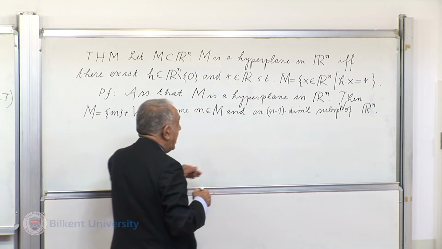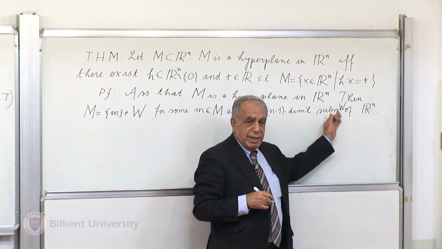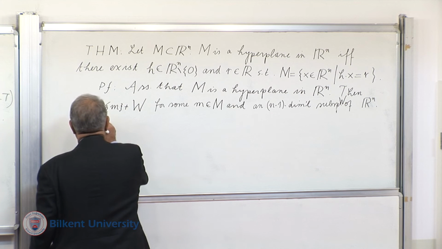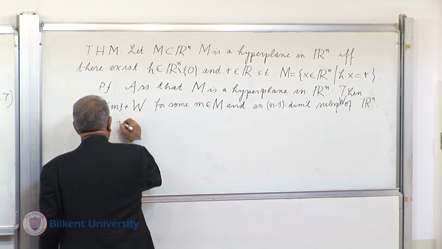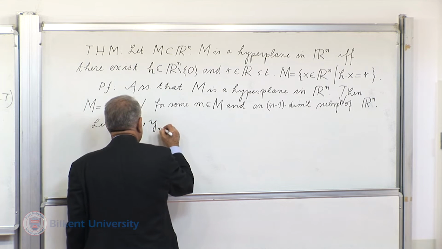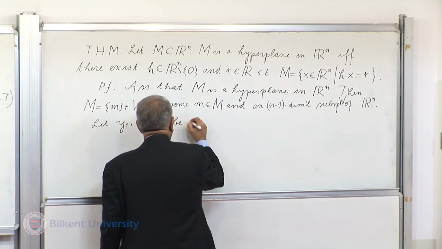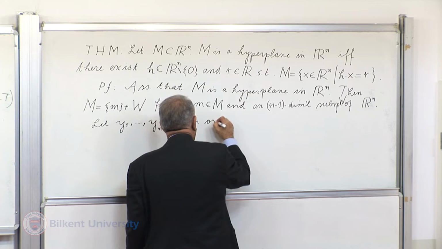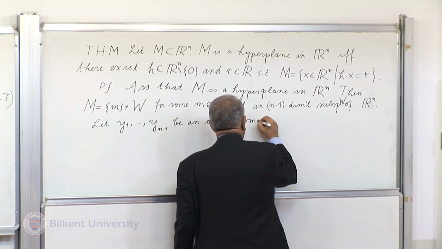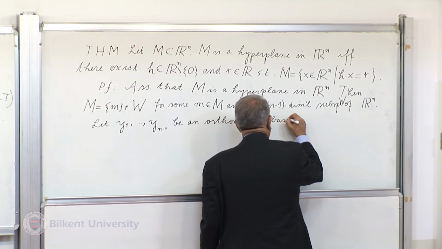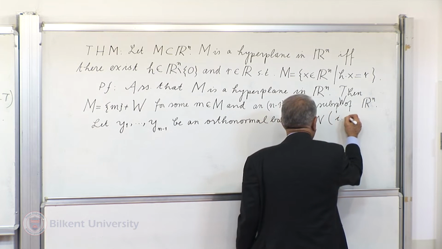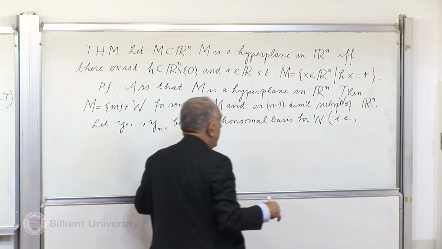So let us take an orthonormal basis for W. Now let y1, ..., yn minus 1 be an orthonormal basis for W. Now let me write this in detail.